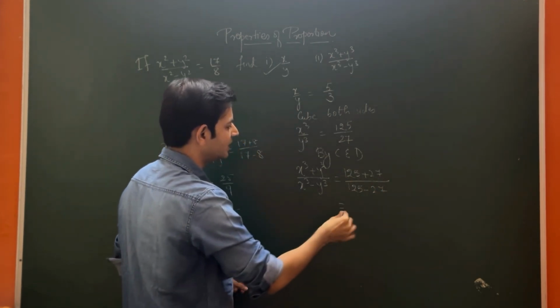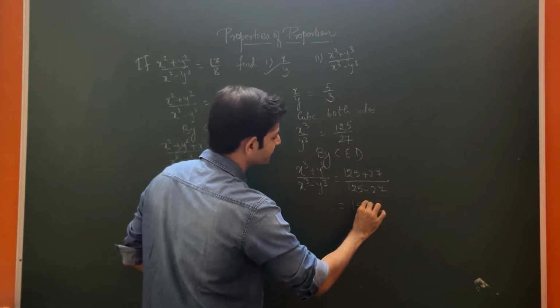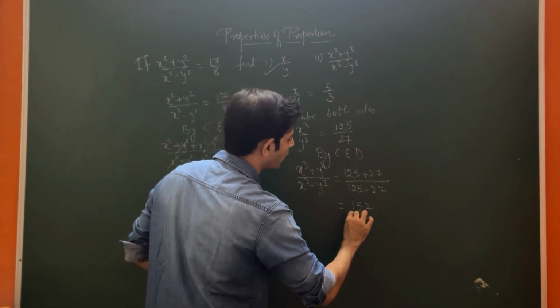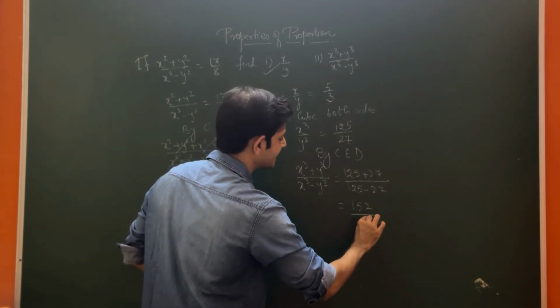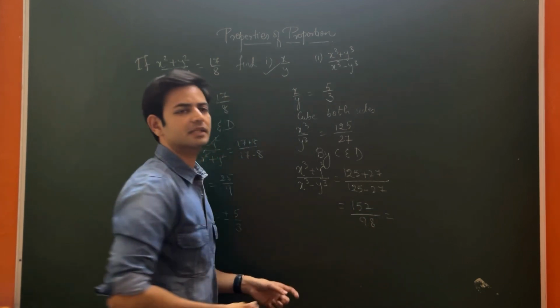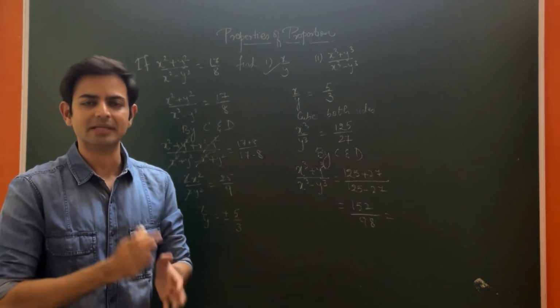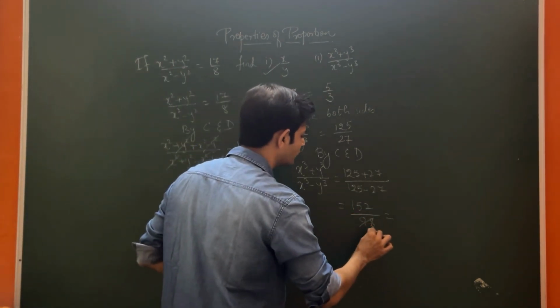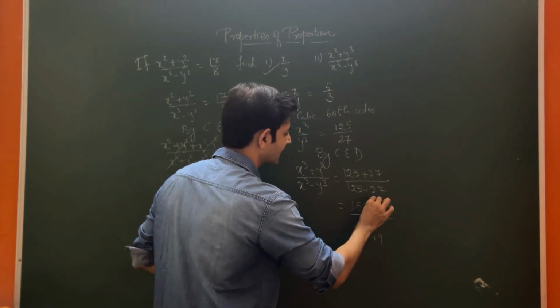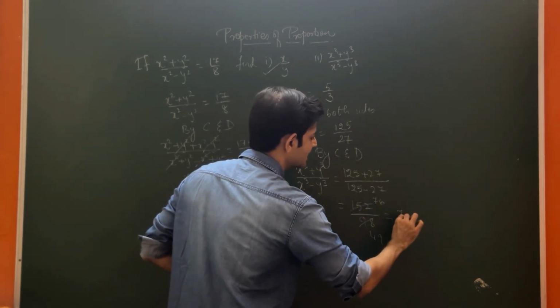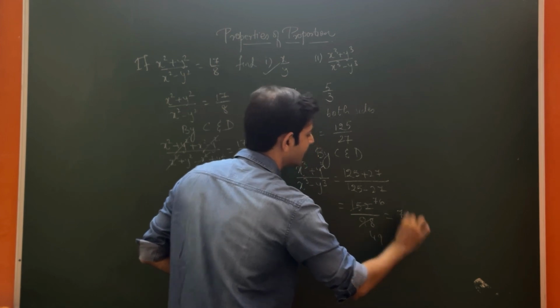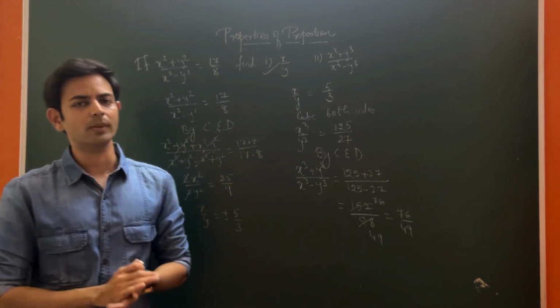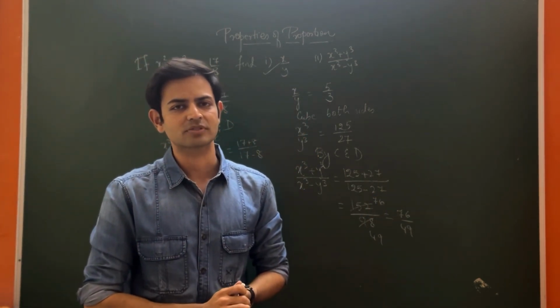When we add them, we get 152 upon 98. Because this is the ratio, it has to be in the simplest form. So we can strike it off by 2, making it 76 upon 49. So 76/49 is my answer. In a similar way, you can solve more questions from your textbooks and the reference books.